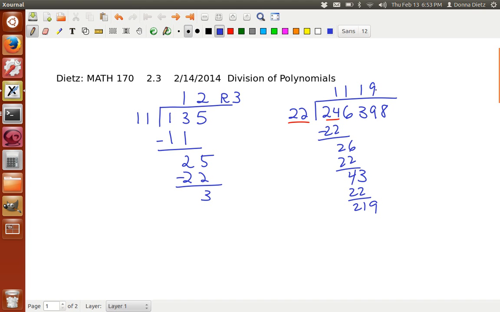Then we get out the calculator, and it tells us 9 times 22 is 198. Then we do the subtraction and we get 21, and then we drop the 8, and I think we're going to have to do 198 again.